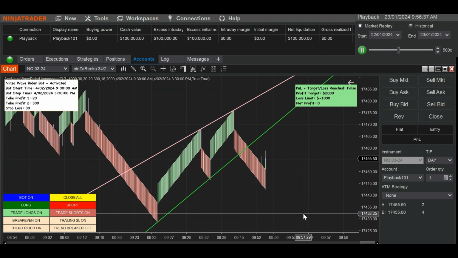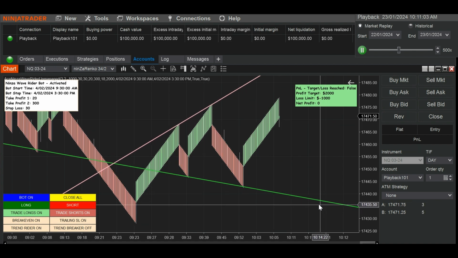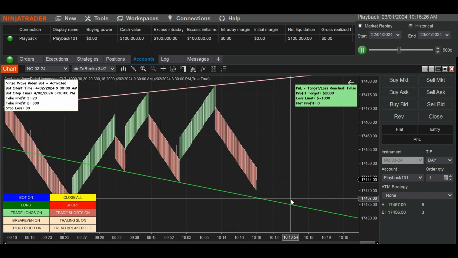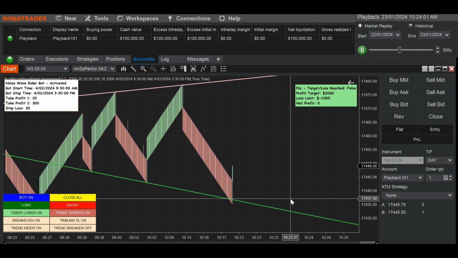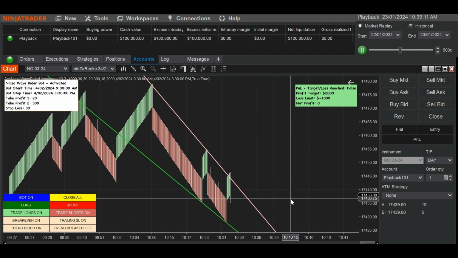It may take some time to get a trade, which is perfectly okay. Clear trend. You can see it bouncing perfectly off those trend lines. They would be great manual trades that I would take, but we're letting the bot do its thing here.